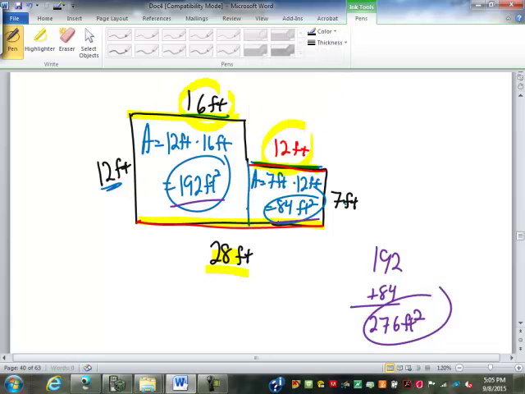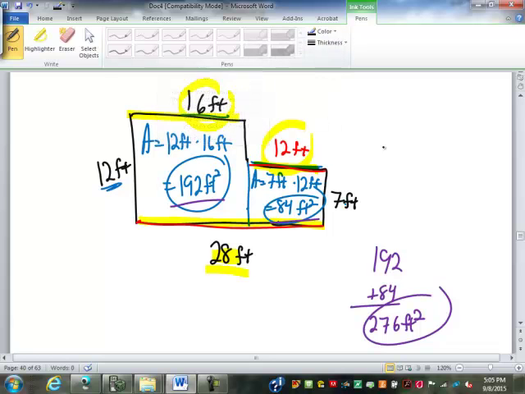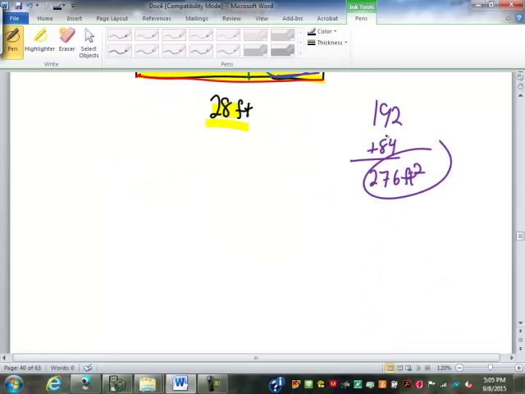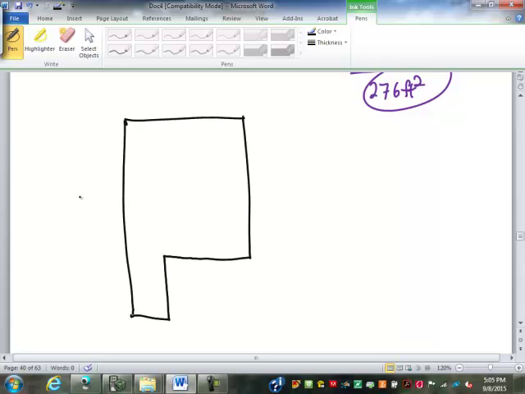Questions? So let me try one. Make that one 30 inches, this one 8 inches, 5 inches, and 15 inches.